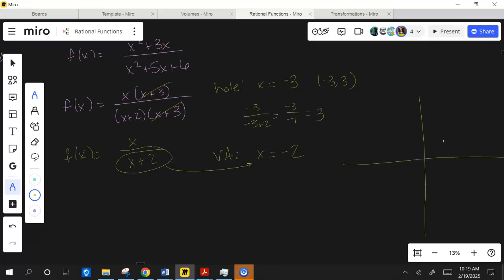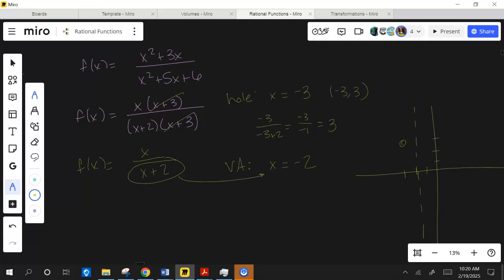So far, verticals are just bottom to 0 after you strike out the holes. That's (-3, 3). X equals -2 is my vertical asymptote.